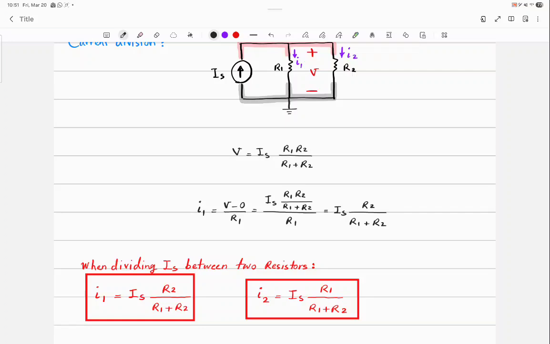So for example, is I1 directly proportional to R1? Inversely. Inversely, actually. Technically it is directly proportional to the other resistor. Is it logical? If it is, give me a very good textbook statement so I can write it here.